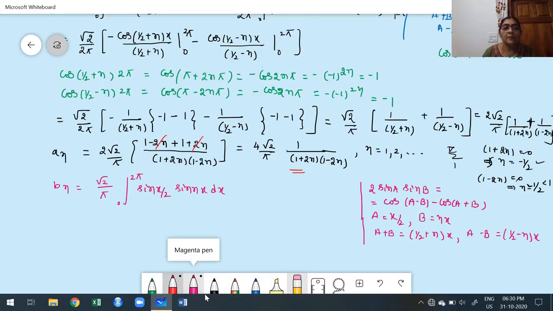Okay, in the next step, this is nothing but root 2 over pi; 2 is not there, so multiply and divide by 2.